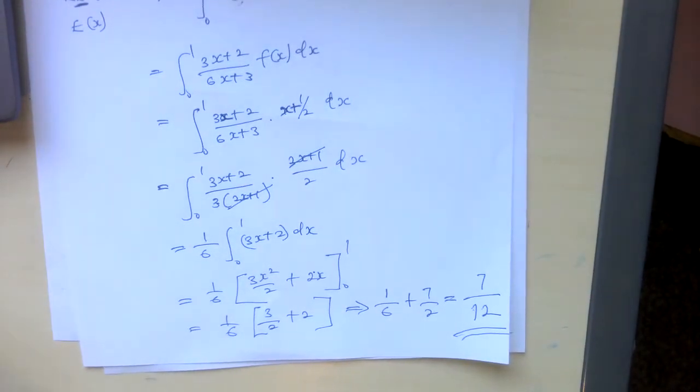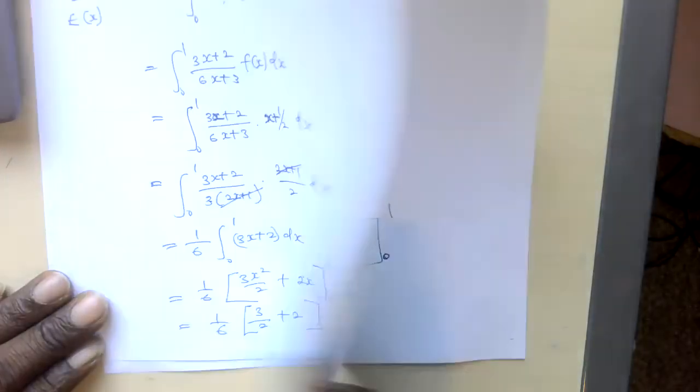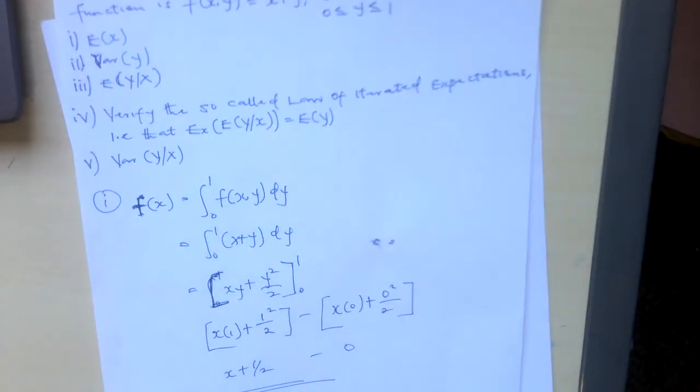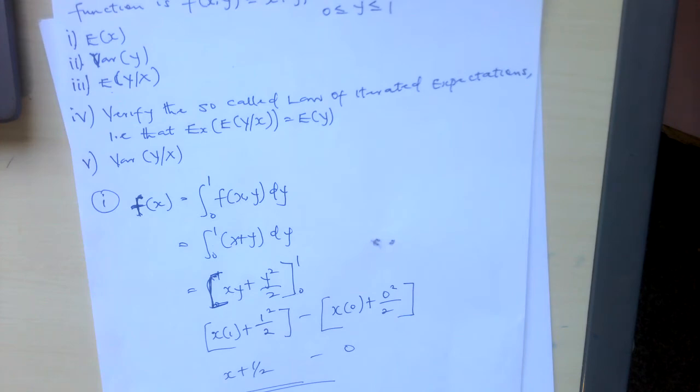So now let's go to the V part. The V part asks us to find, let me show you the question again. Find the variance of y given x. The variance of y given x.